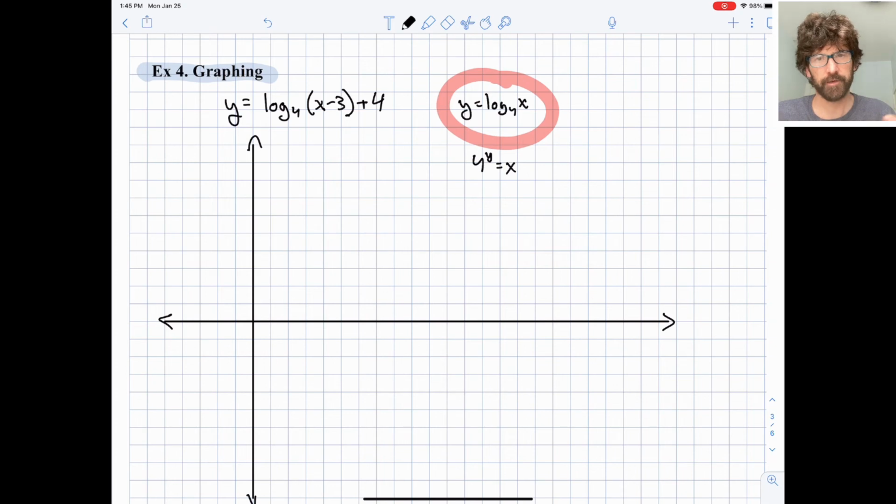So it's the inverse of 4 to the x equals y. So what that means is we have a y-intercept of (1, 0). As y gets larger by 1, x will increase 4 times. So we have a 4 right there. And then our next one will be 16.